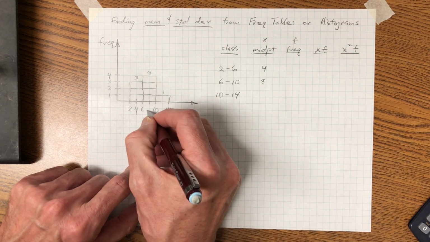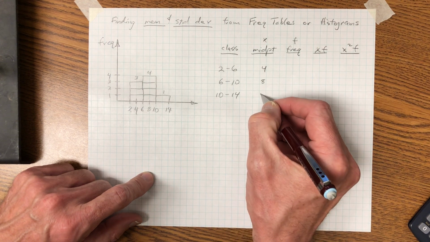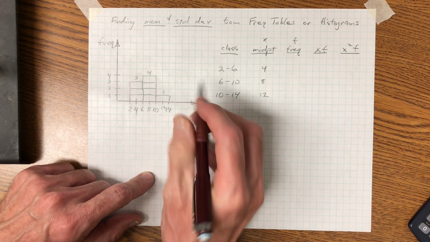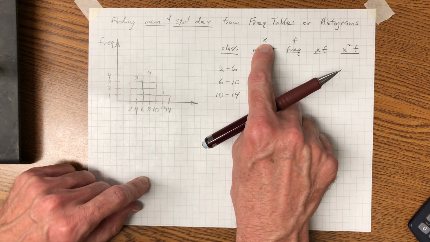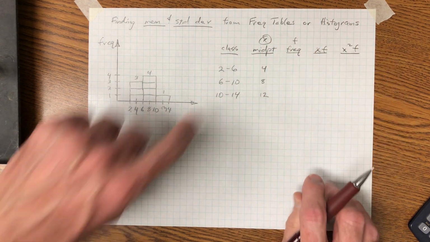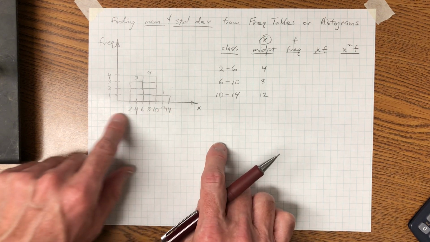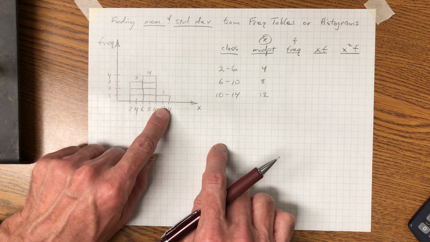The next one is 10 plus 14 is 24, divided by 2 is 12. So that's that point right there. These are just the middles of each class, and we're going to call that the x or the midpoint. So this is the x point, and this is the x-axis. So the x points are these points right here on the x-axis in the middle of each class.